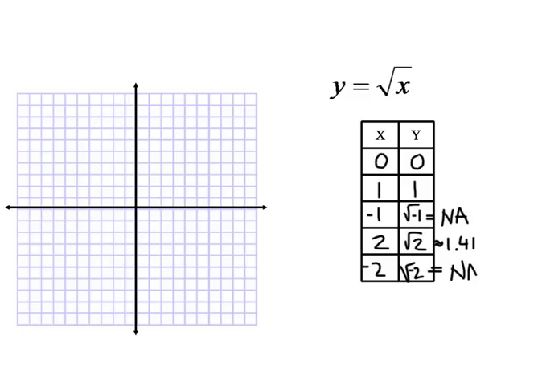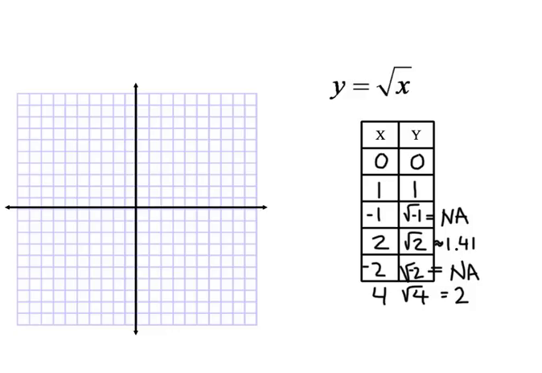I can continue to choose x equals 3 and -3, but that is a little bit more difficult to graph. So I'm going to choose some x values that I know the square root of. For example, I'm going to allow x to equal 4. So then you're looking at the square root of 4, and I do know that the square root of 4 is equal to 2 at this point.